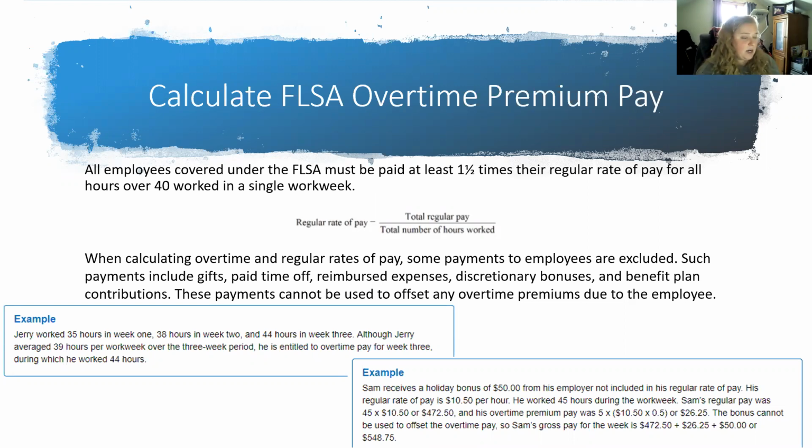The bonus that he got of $50 cannot be used to offset the overtime pay. So the gross pay for the week is his full regular pay of $472.50 plus his overtime premium pay of $26.25 plus the $50. So the $50 bonus cannot be used to offset the overtime that he is owed.